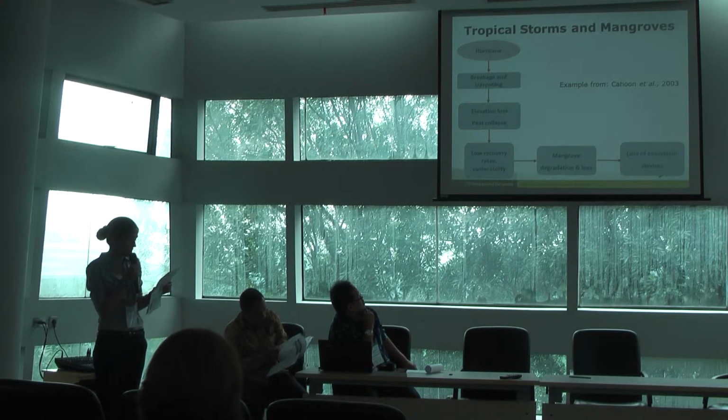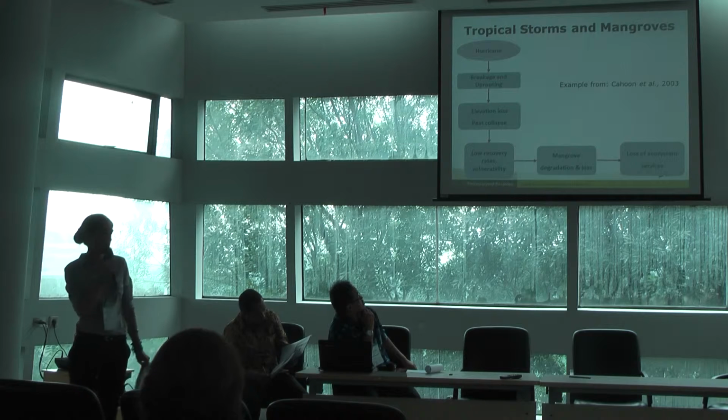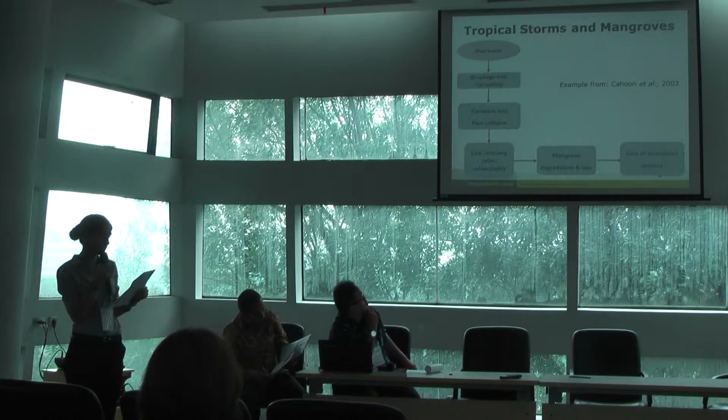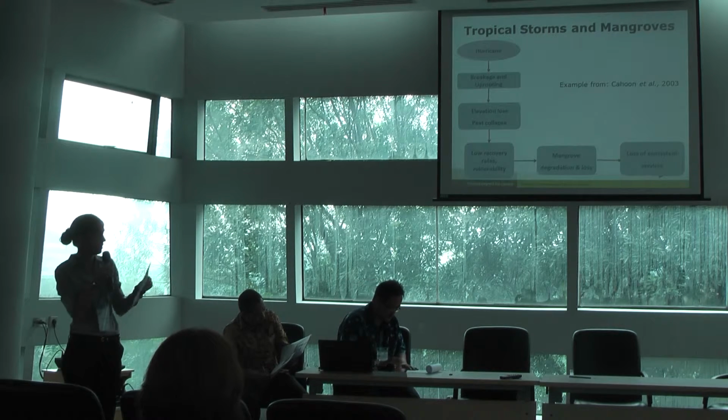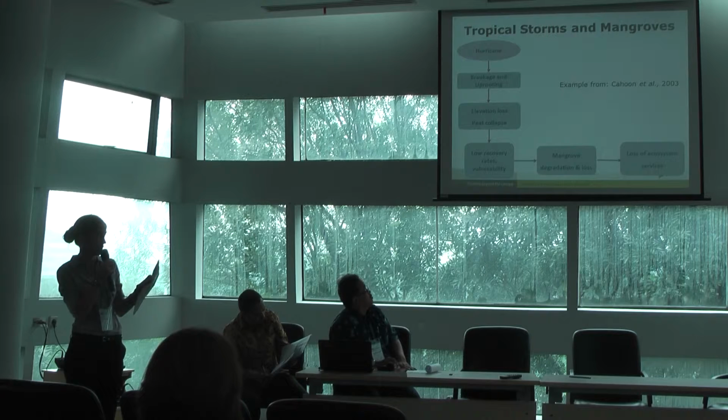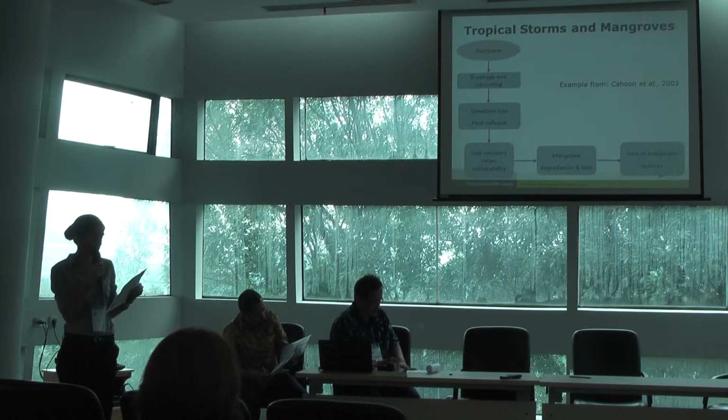And this consequently led to the low recovery of the ecosystem because the seeds weren't able to sprout in the damaged soil, and consequently mangrove degradation and loss, which in the end leads to loss of ecosystem services.